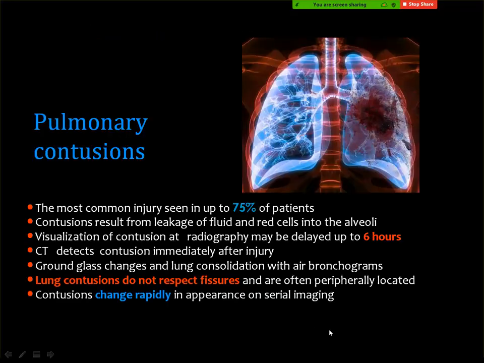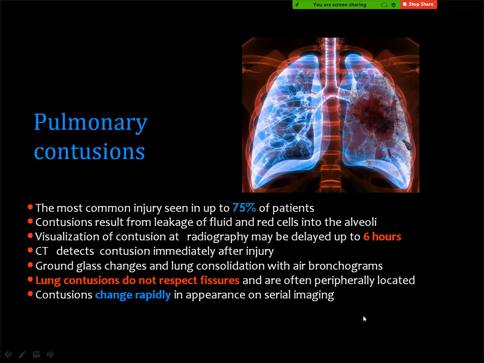Pulmonary contusion is the most common pulmonary opacity in cases of blunt chest trauma. And the pulmonary contusion will appear immediately in the CT scan and may be delayed in the X-ray up to 6 hours. Pulmonary contusion changes rapidly, and by follow-up, you get a significant change in the contusion.